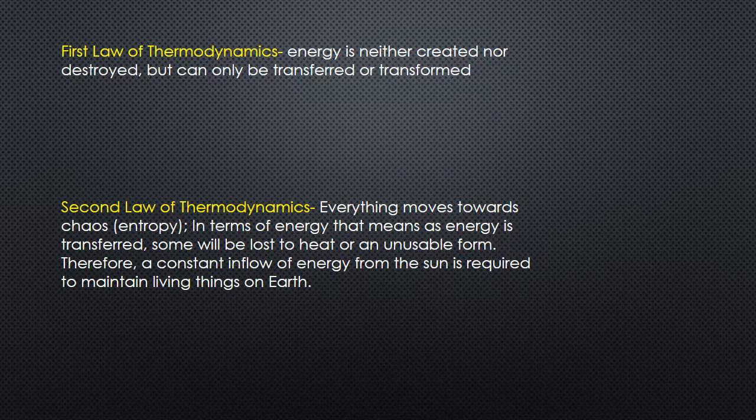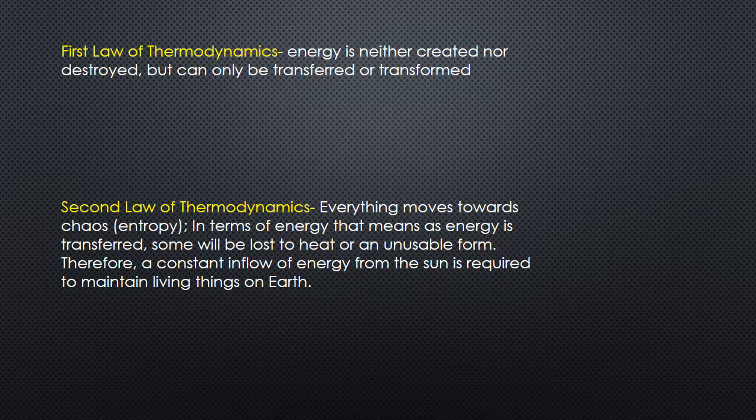So looking at the two laws of thermodynamics, the first law of thermodynamics is energy is neither created nor destroyed, but can only be transferred or transformed. So we transfer it from one trophic level to the next, but that 10% is lost in the form of heat. The second law of thermodynamics, everything moves towards chaos or entropy.